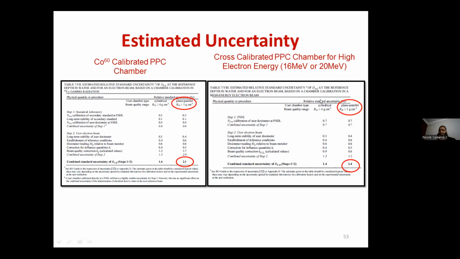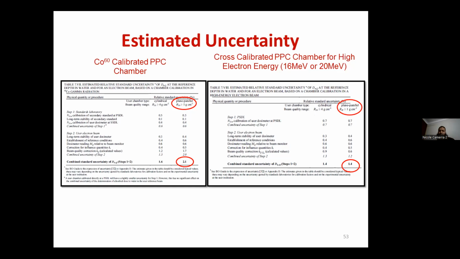For example, you get your chamber from the SSDL, which is a Farmer chamber, but this Farmer chamber is cross calibrated for a particular electron energy, like 20 MeV.